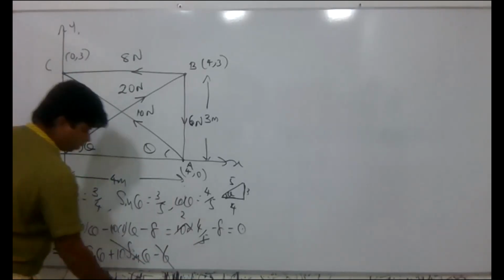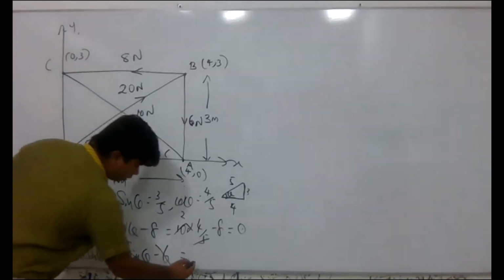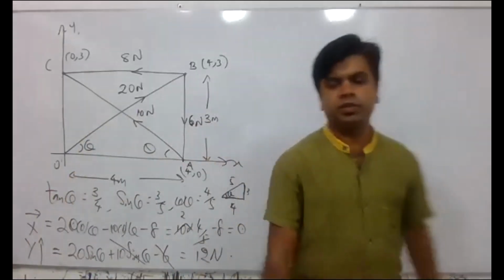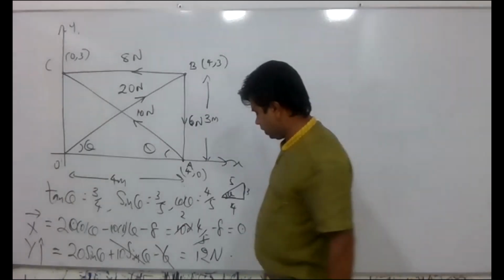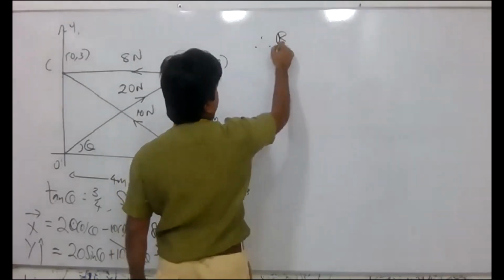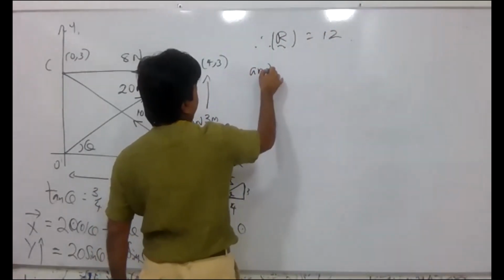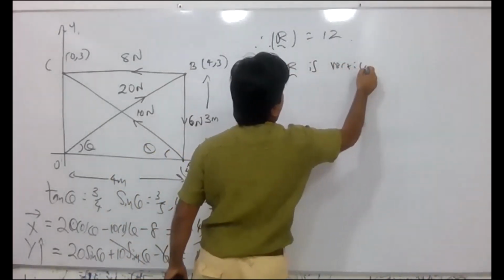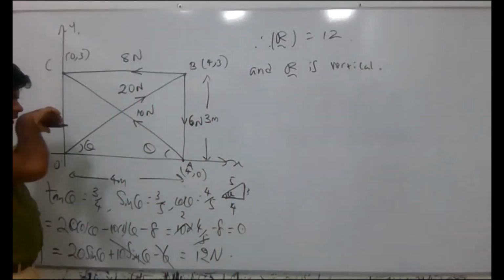So you will have here 3 over 5 means 12. Actually, the resultant is vertical. Did you see? X is 0, Y is 12. Therefore, R magnitude is also 12, and you can write R is vertical. You can say in words like that: the resultant is in the vertical direction.